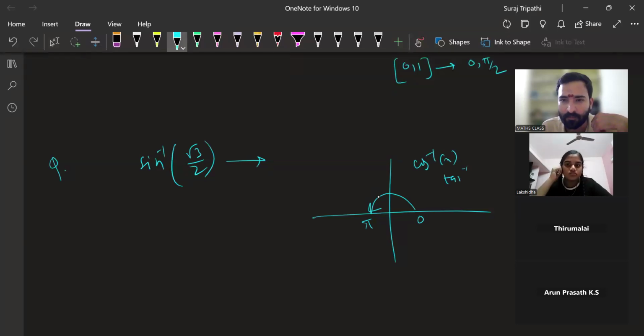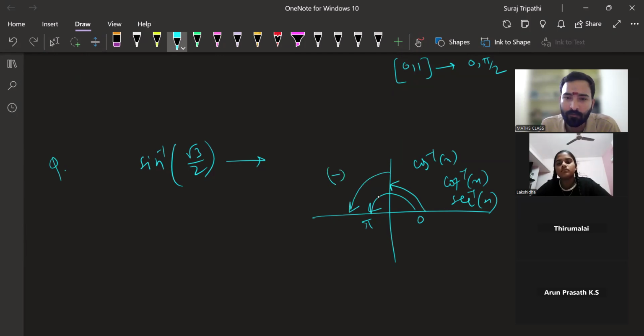Cot inverse x will lie, and sec inverse x will lie. Right? So 0 to pi means first 0 to pi by 2, then pi by 2 to pi. For negative values of x, angle will be between pi by 2 to pi. For positive values of x, angle will be between 0 to pi.